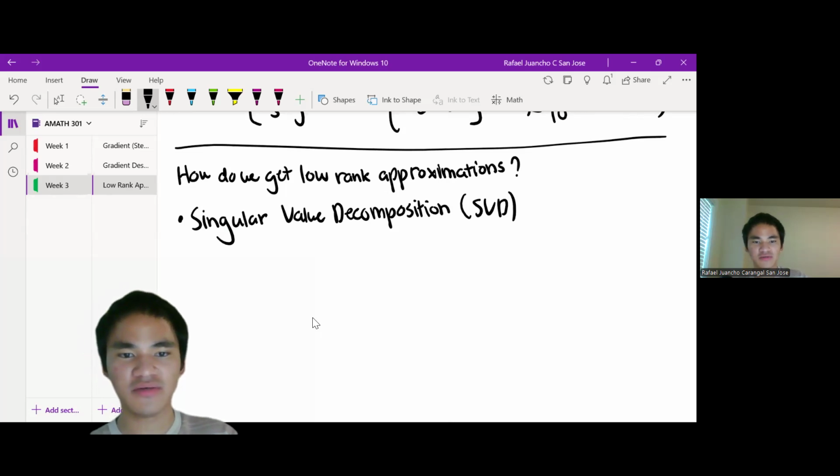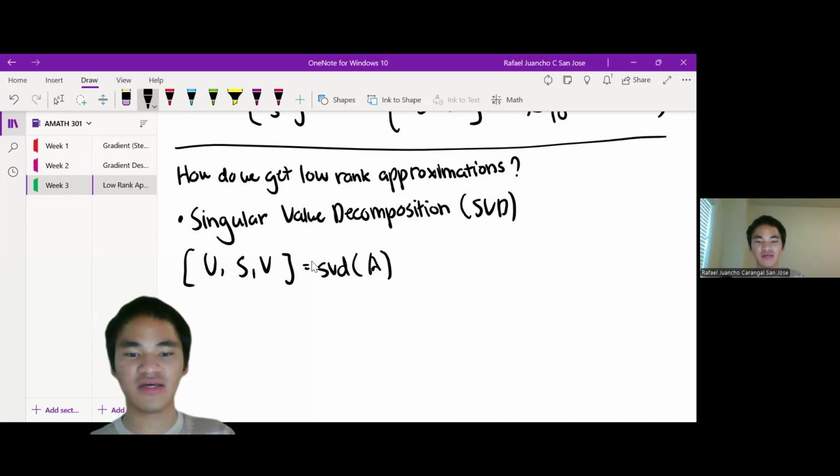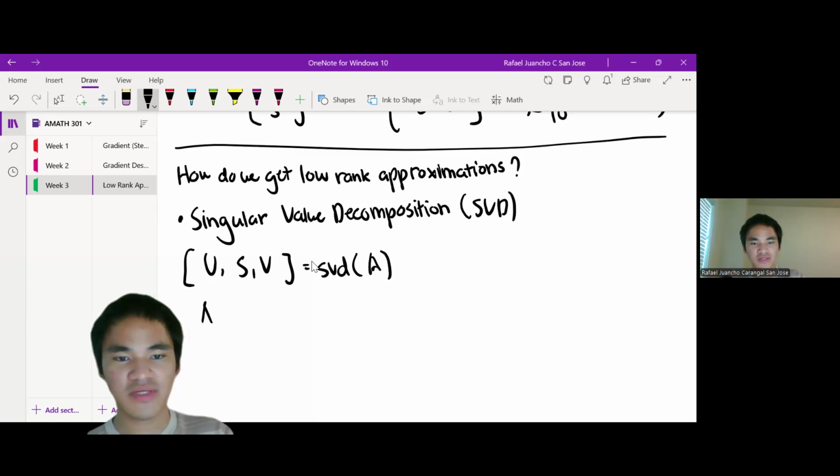Now here's where I talk about this. What is this basically? Given some U, S, and V, this is how we do it in MATLAB. We get the SVD of some matrix A, which is basically A equals U S V transpose.